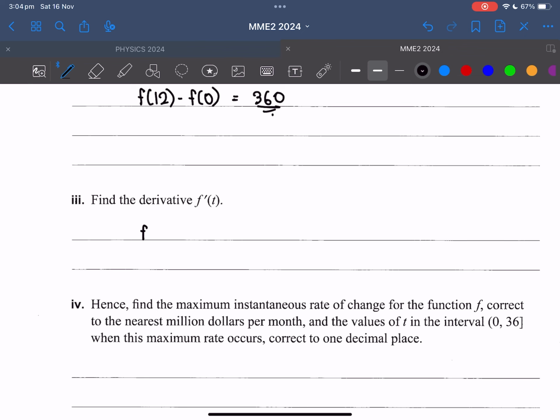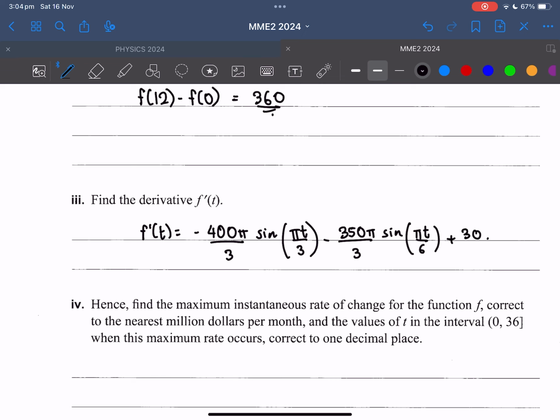So f dash of t is equals to minus 400 pi on 3 times sine pi t on 3, take away 350 pi on 3 sine pi t on 6, and then plus 30.